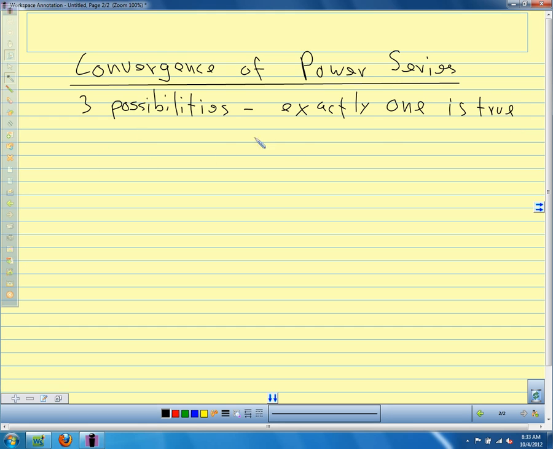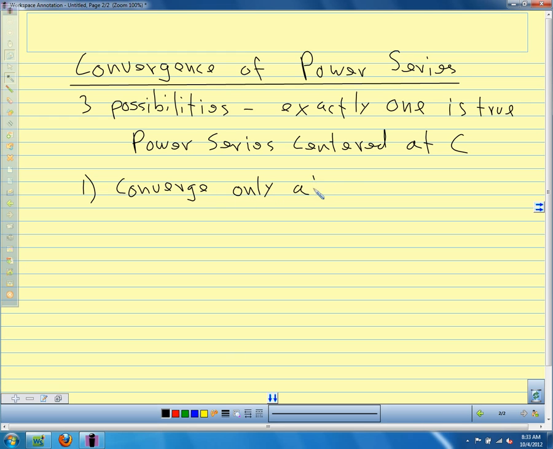And this is where we're considering a power series centered at c. So our first case is that the power series will converge only at c. So that would be a power series that would not be particularly useful. It would only converge at that one particular value.